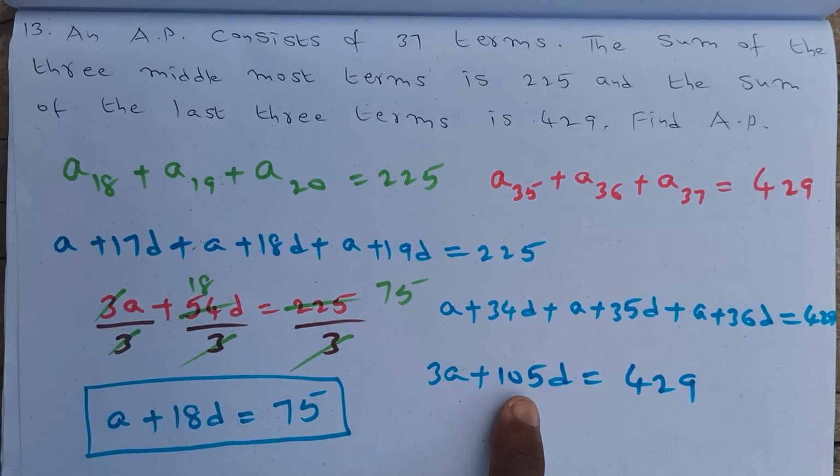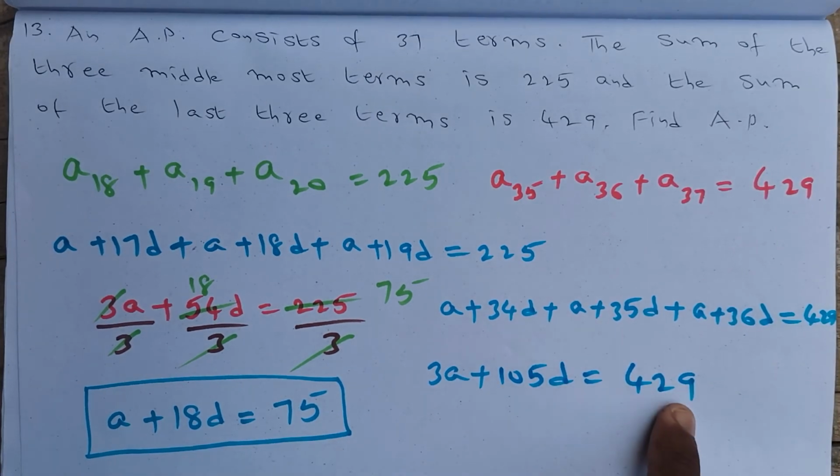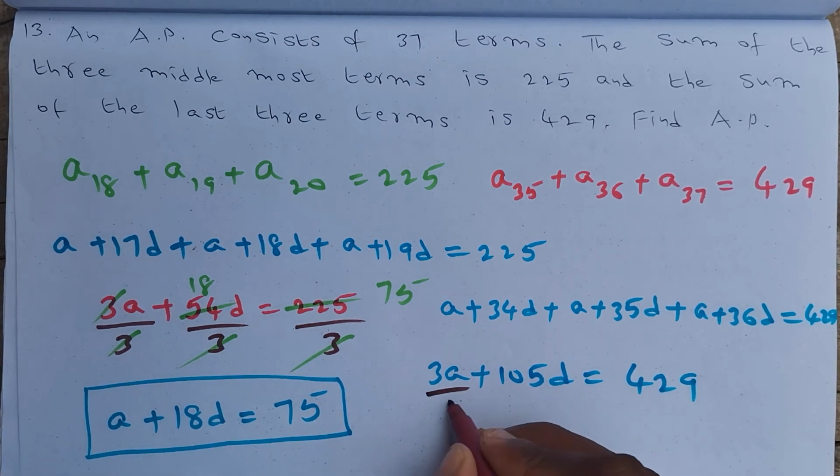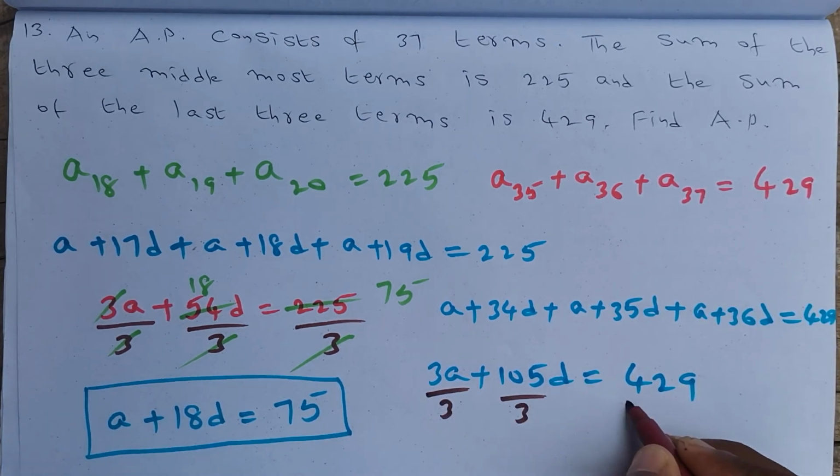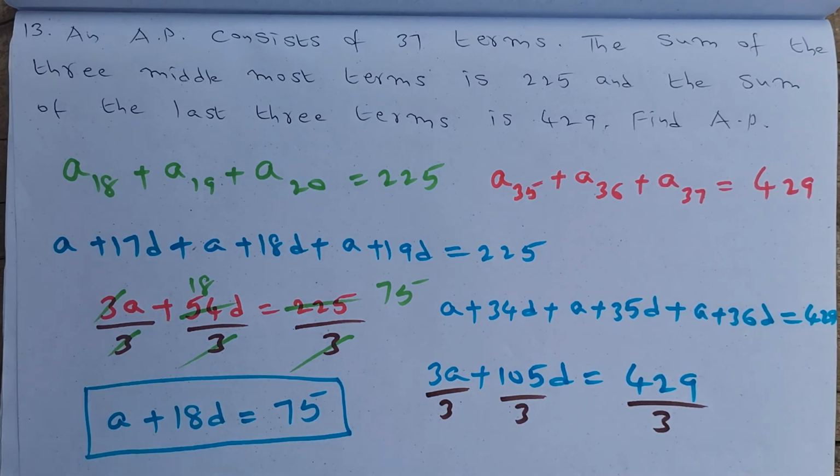3 will come in 3 table, 105 also will come in 3 table, 429 also will come in 3 table. So dividing every term by 3, the 3 will get cancelled.